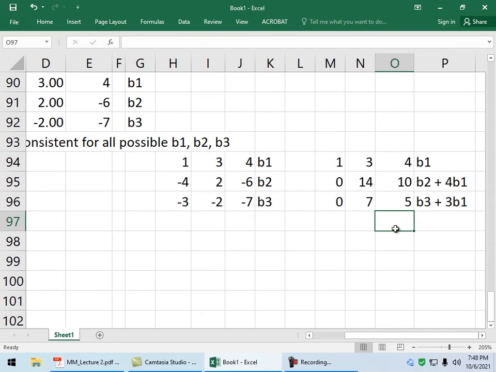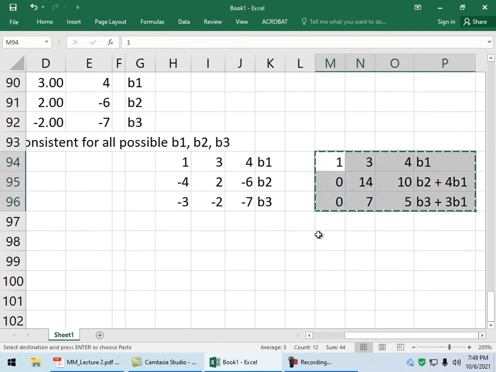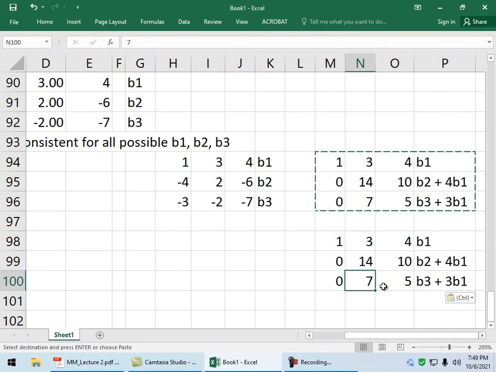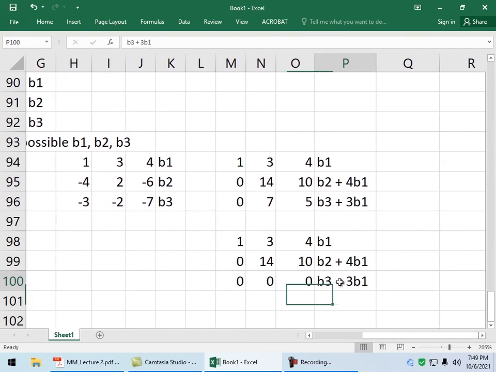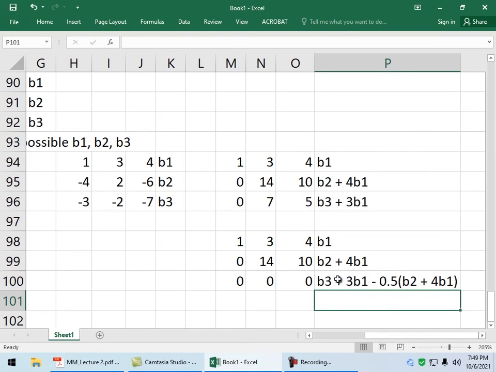It is obvious that the second row is twice the third row, so we can just transform it to zeros. So here is 0, here is 0, and b3 will be minus 0.5 times the sum of b2 and 4 b1. Don't forget about this extra column about b.